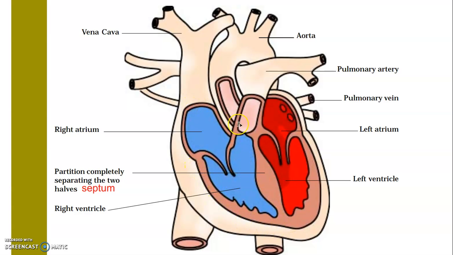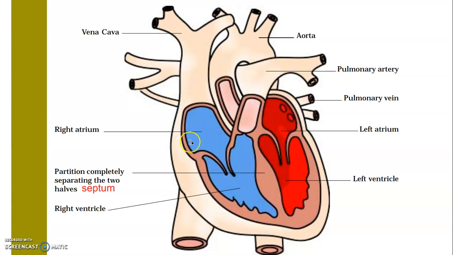Here also there is a wall which is comparatively thin. These two walls are comparatively thicker, whereas these walls are comparatively thinner. Let's understand why.